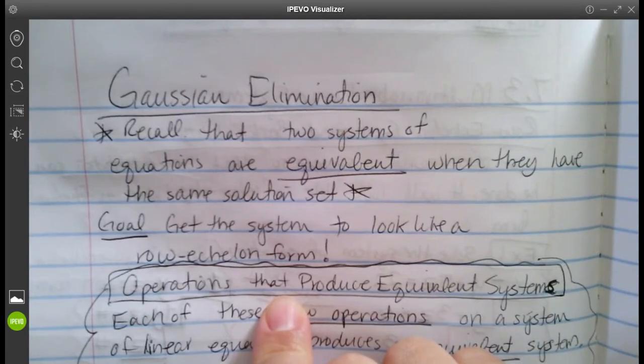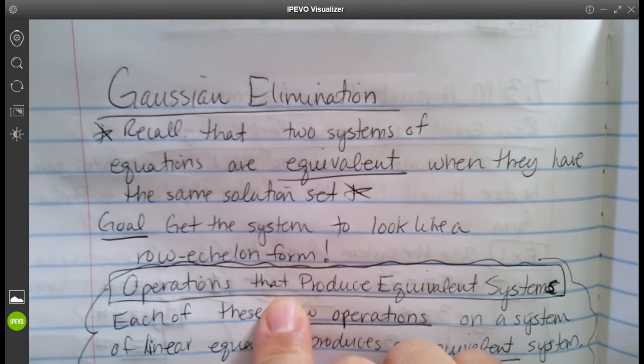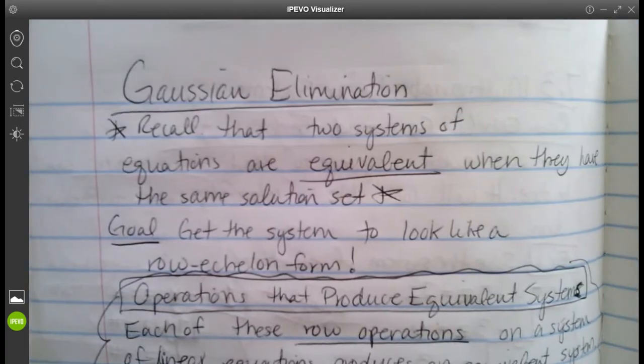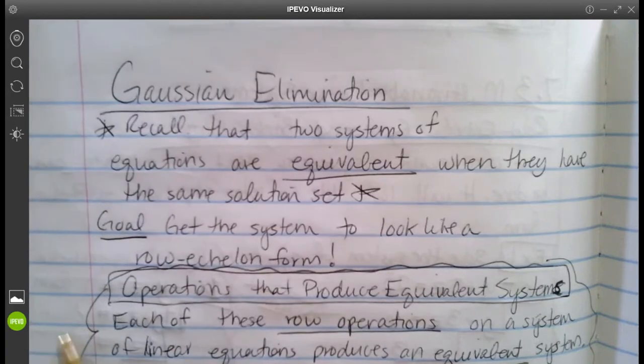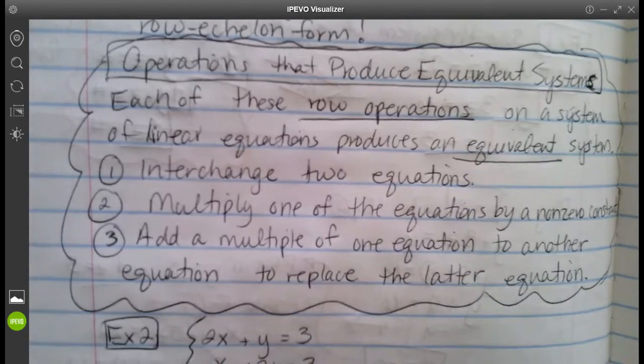Even though we're changing some of the values, the whole system is still going to have the same solution. So we're allowed to do that. Our goal is to get the system to look like a row echelon form like the one from before. So here's what's allowed.